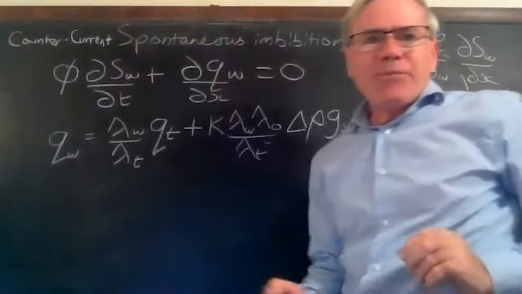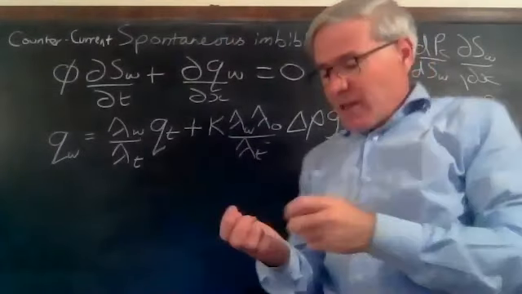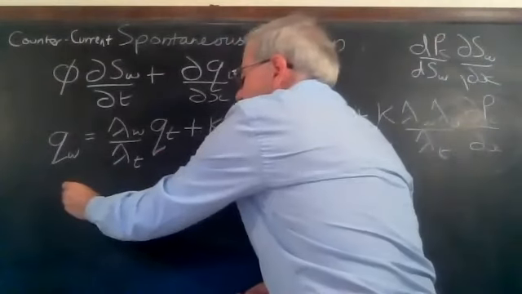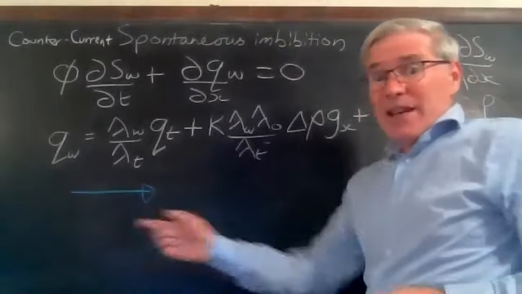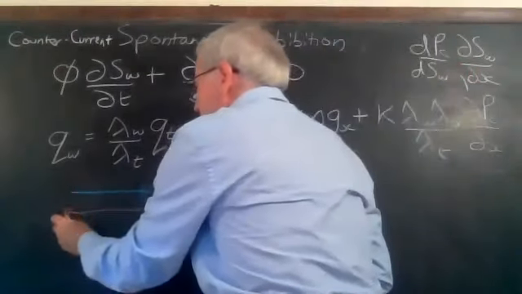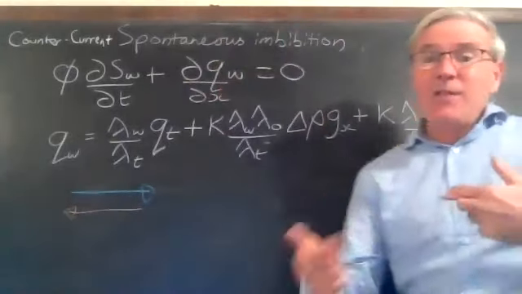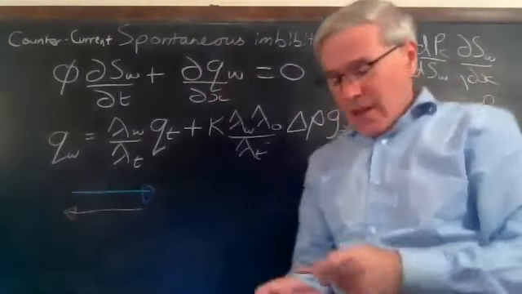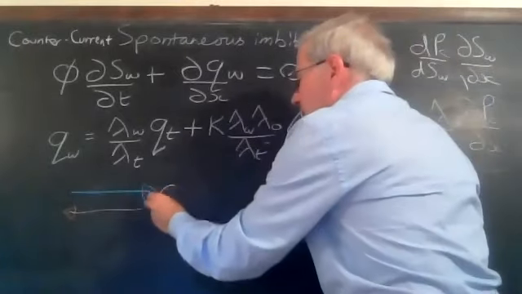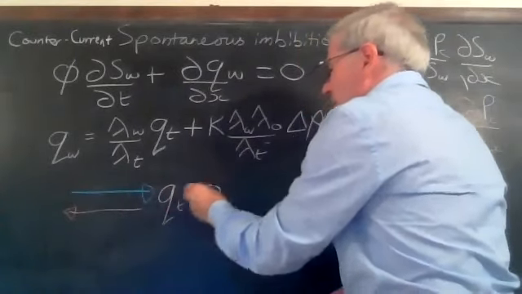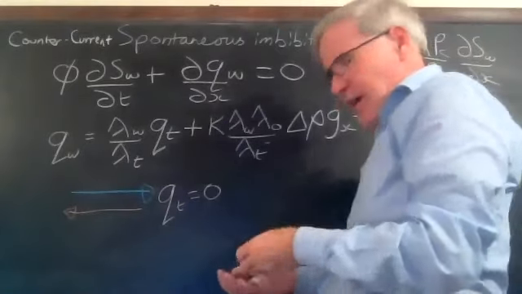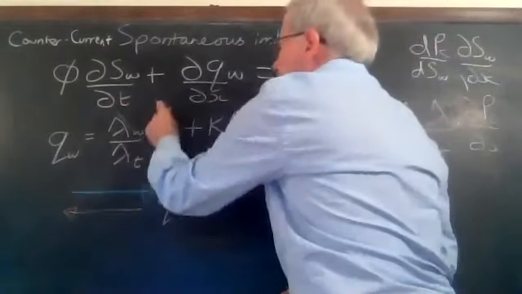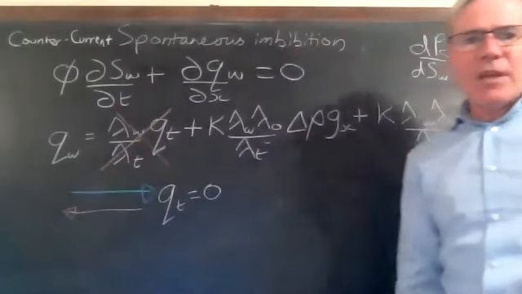Countercurrent means that for every cubic meter of water moving in, a cubic meter of oil has to move out because it's incompressible flow. So this means that QT is 0. So if QT is 0, this term disappears.